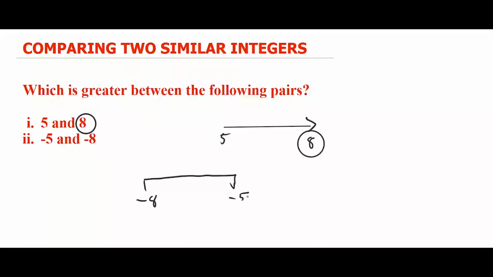Don't forget that the further you go towards the left hand side, that is towards the negative integers, the smaller the numbers become. So the -5 is big. If you go towards the left hand side like this, the numbers become smaller. That means -8 will become smaller. So in this case, -5 is bigger.